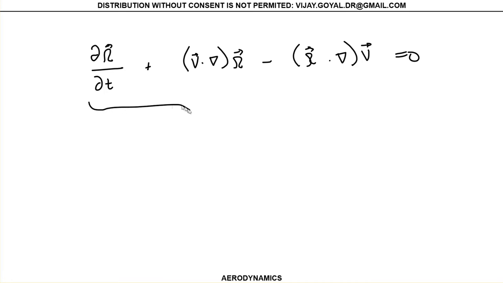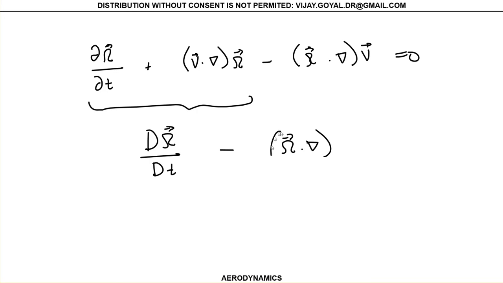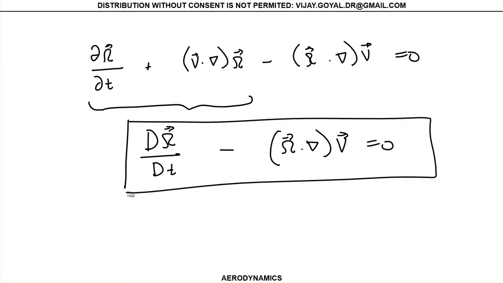Note that this is the total derivative of the vorticity with respect to time. So minus vorticity dot the gradient dot velocity is equal to zero. So this is the expression that we are really looking for.